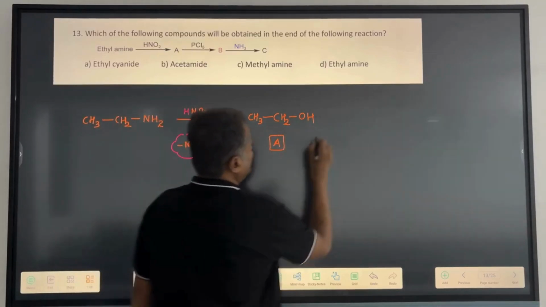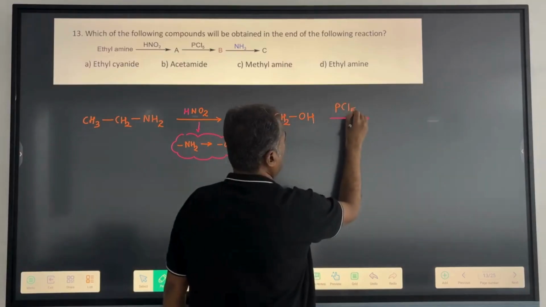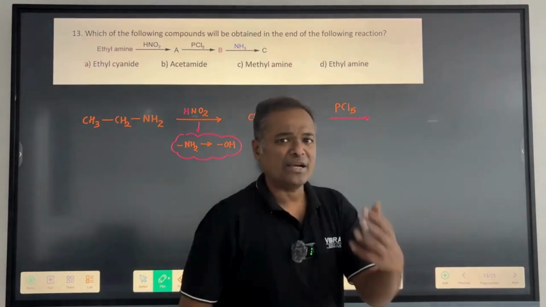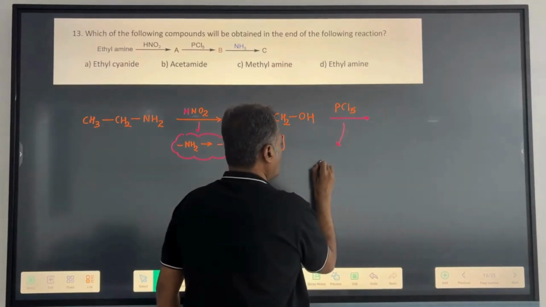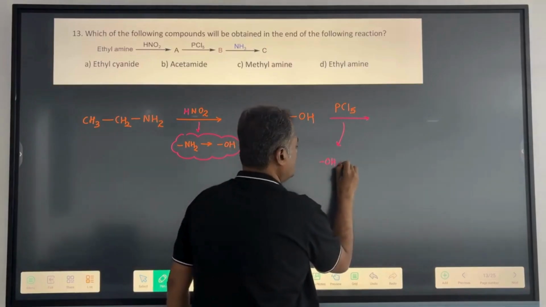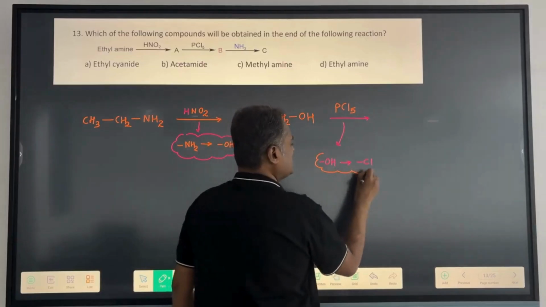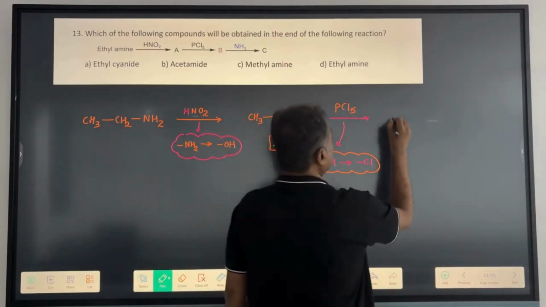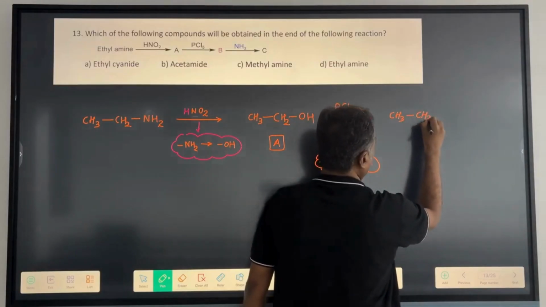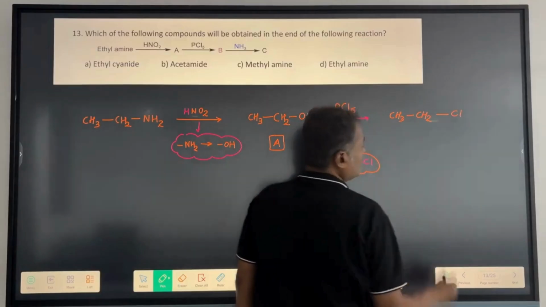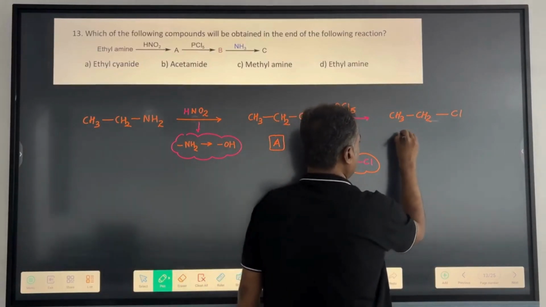Yes, it's a treatment with PCl5. Now, what will PCl5 do, child? It's a chlorinating agent which will change your OH group to chloro group. So ethyl alcohol is going to get converted to ethyl chloride. This is nothing but your compound B.